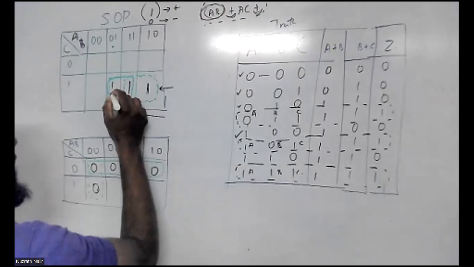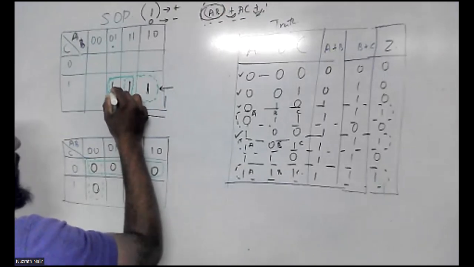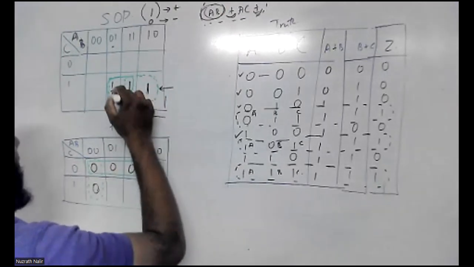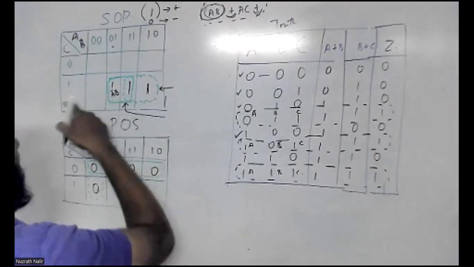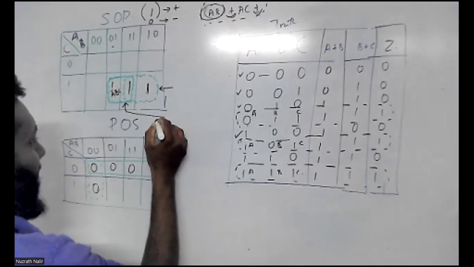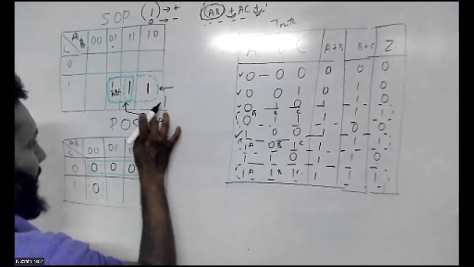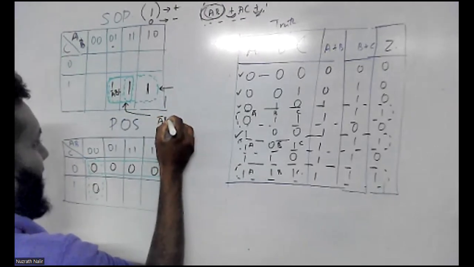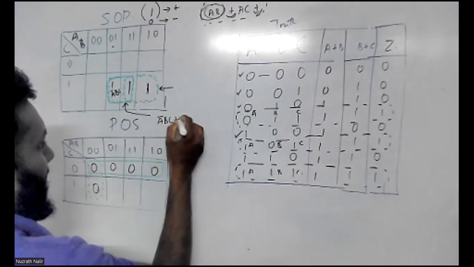So you can write it down. The first number, this one is equal to A bar B. So this is A bar B and C. So number one, A bar B and C plus.